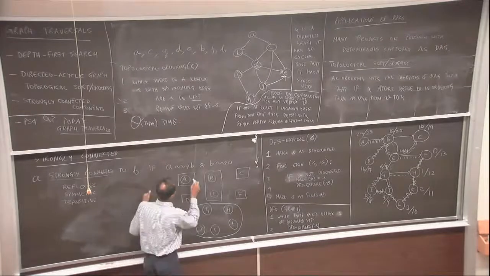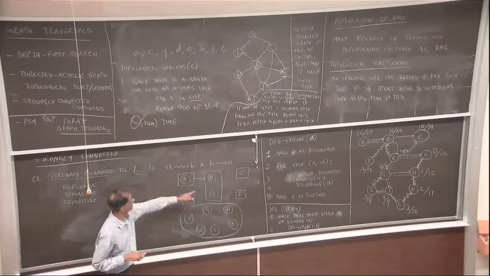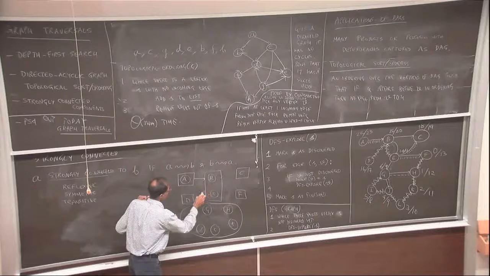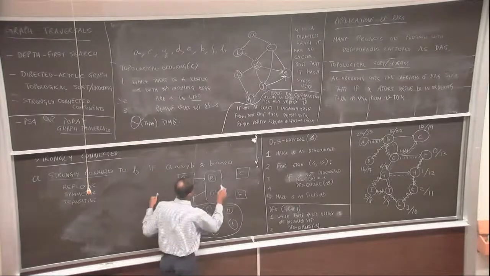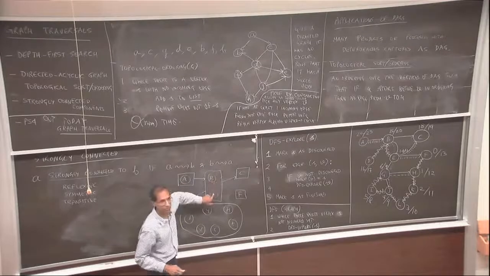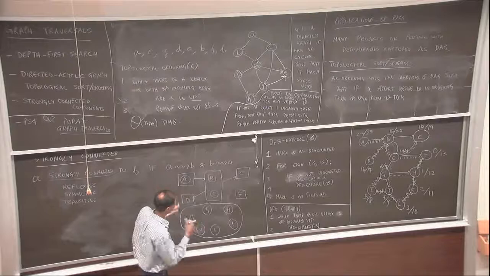Okay? Let's see. So here is an edge. Let me draw like this. That's from this component to this component. What about D? There is an edge from here to here. There is an edge from here to here. Notice that there are two edges. There is an edge from B, there is an edge from E. But I'm just drawing it as one.